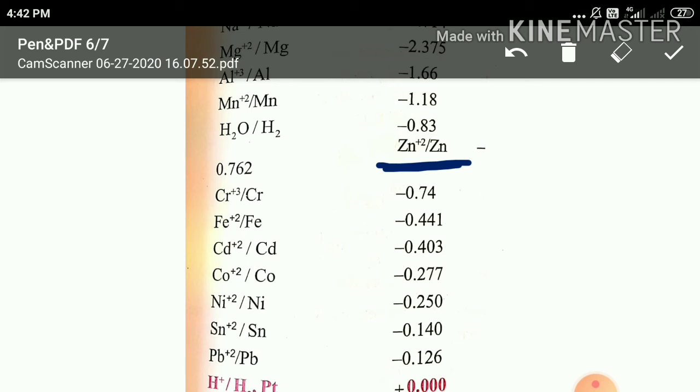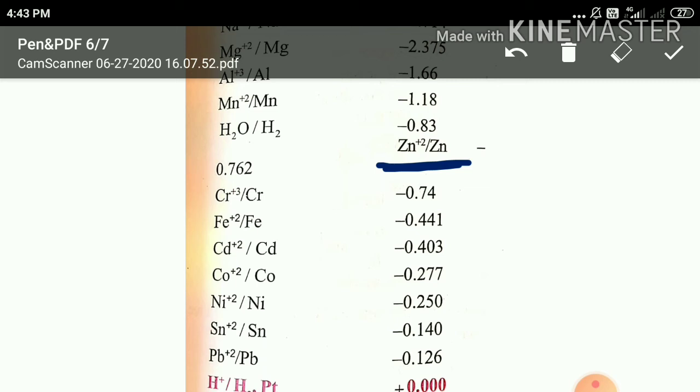The zinc standard electrode reduction potential value is minus 0.76. We calculated it just now, isn't it? So during the calculation of the electrode potential value, zinc I have taken as an anode, not as a cathode. Why? Because hydrogen does not reduce zinc ions into zinc.